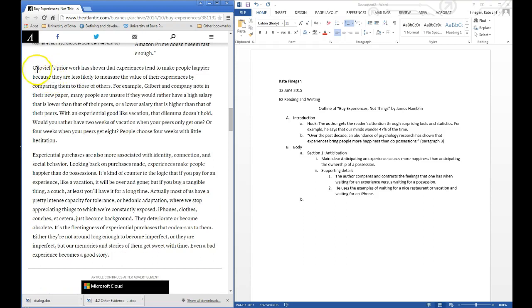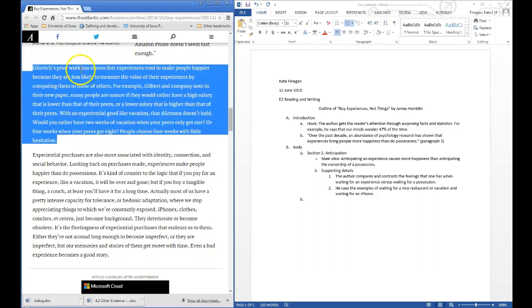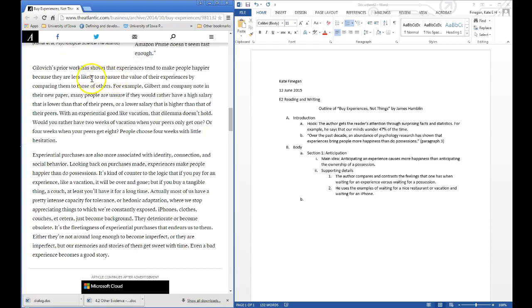Alright, and then we have this paragraph which says that people are happier because they are less likely to measure the value of their experiences by comparing them to those of others. Okay, so section 2, I'm going to put comparing to others.